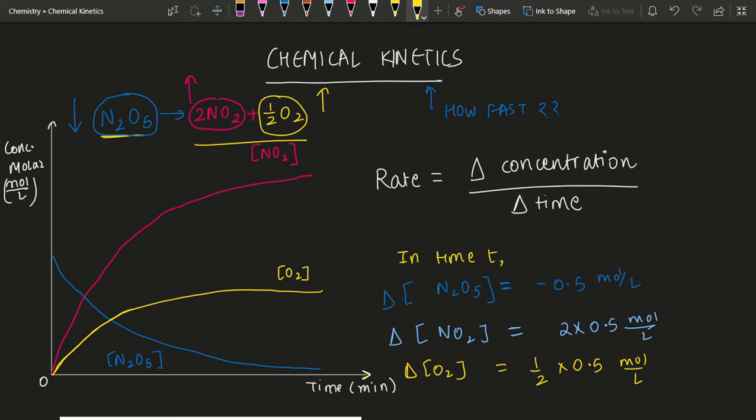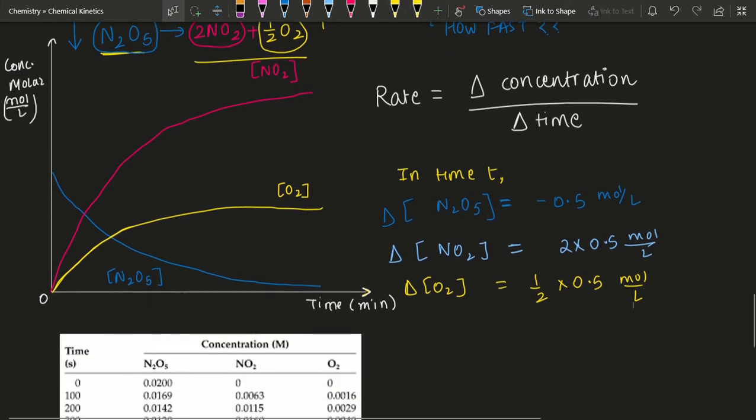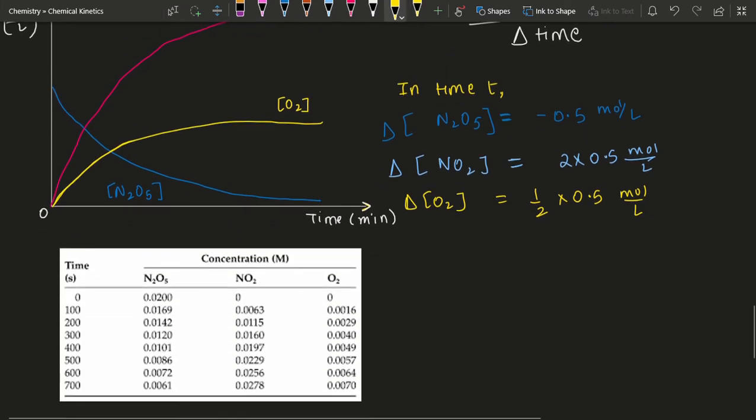Once you have this, notice that you also need to take care that the rate should be equal for the entire reaction. This is a chart of the different values that you will have, but let's focus on the discussion that we are having.